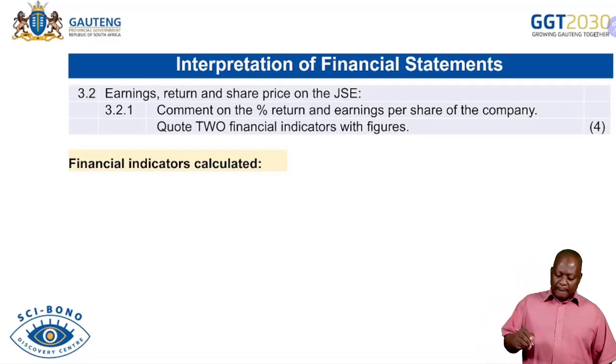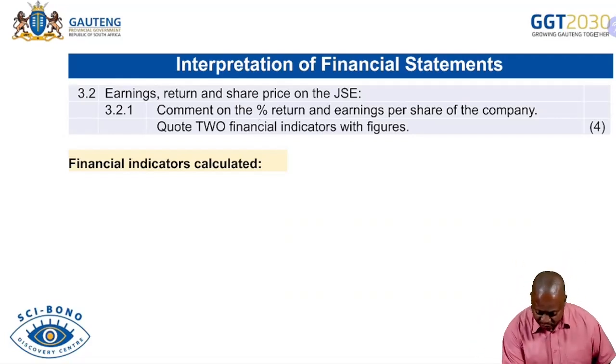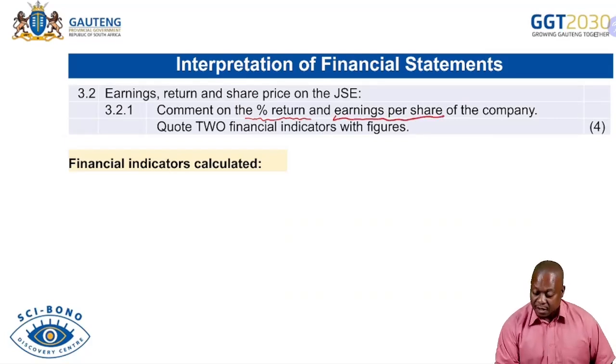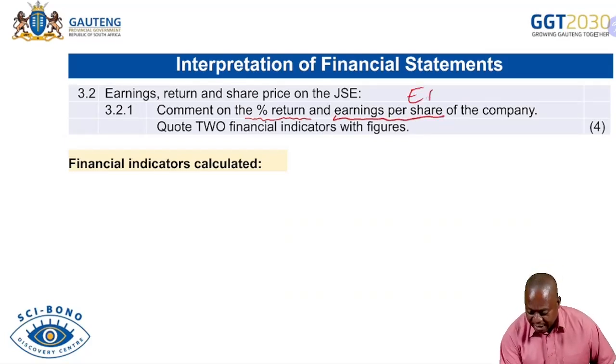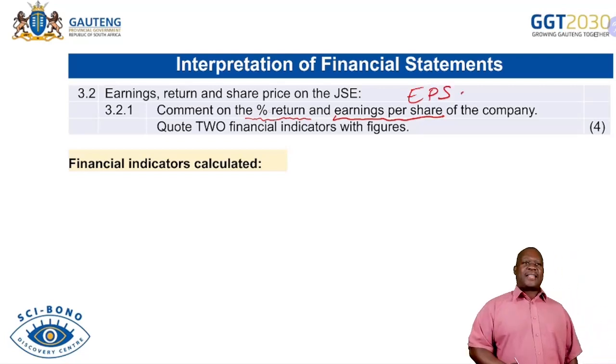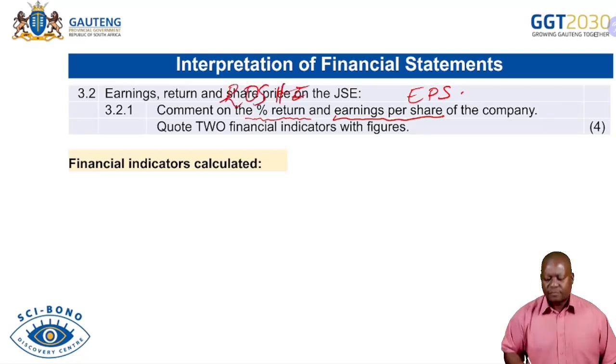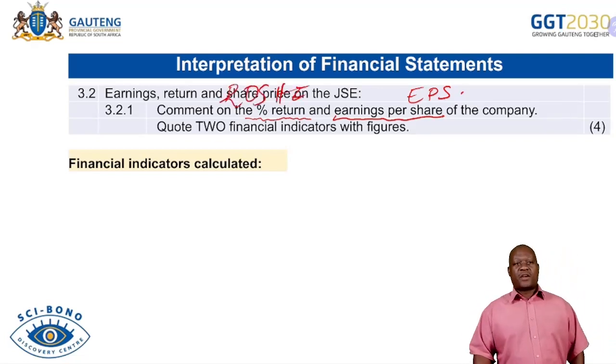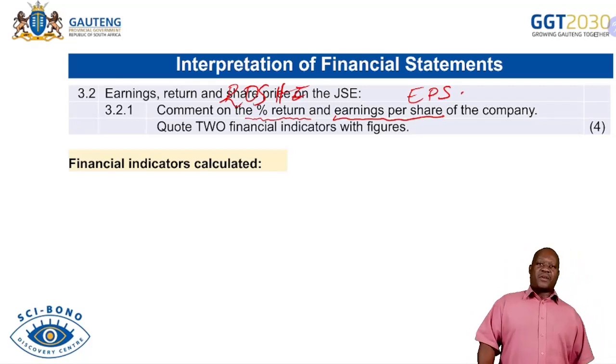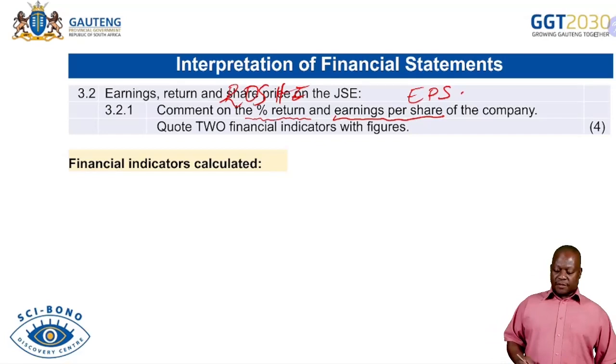We are commenting on two things, the percentage return and the earnings per share. This one is straightforward, earnings per share. Now, when they're saying percentage return, what are they referring to? Please take note. They are referring to our percentage return on shareholders' equity.